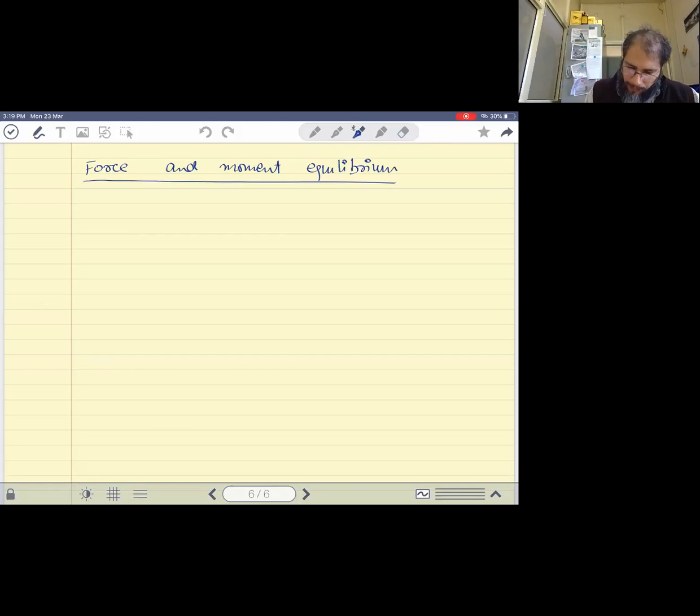We say that a body is under equilibrium if both the net external force is 0, and the net moment acting on the body is 0 at a given point.